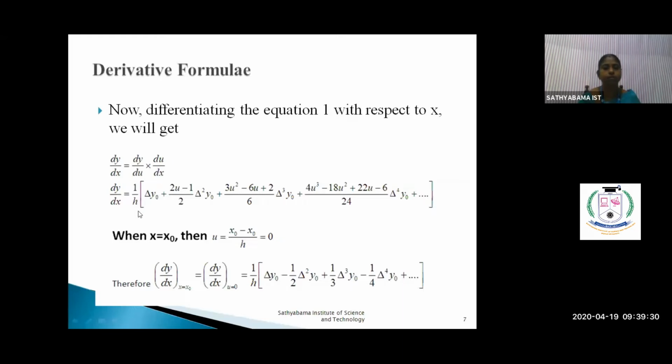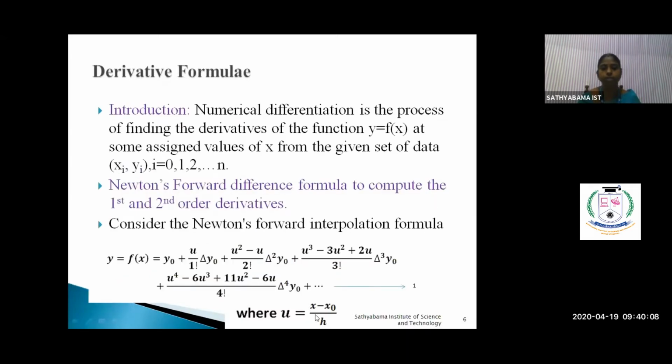And dy by du is delta y naught plus 2u minus 1 by 2 factorial, and 2 factorial is 2, into delta square y naught, plus 3u square minus 6u plus 2 by 6 delta cube y naught, where 6 is 3 factorial, plus the next term, and 4 factorial is 24, so it is written 24 here into delta power 4 y naught plus so on. And note down what u is: u is equal to x minus x naught by h.